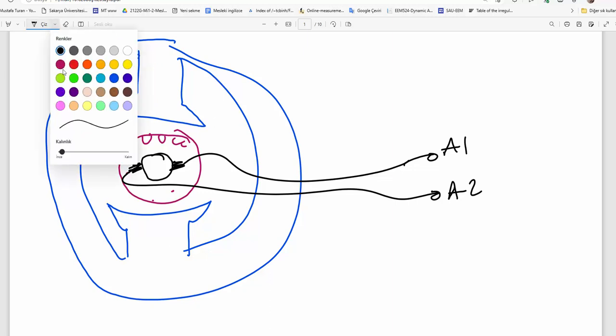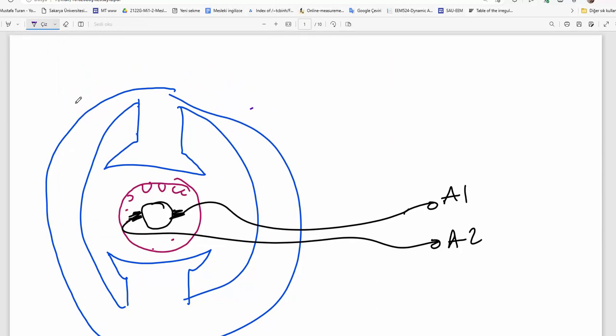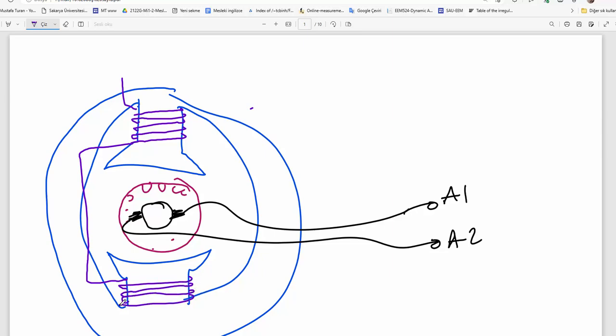Here in a compound machine, there are two different excitation windings. One is, let's say, the shunt winding, having thinner diameter wire and lots of turns, and they are connected in parallel. This is the shunt winding.